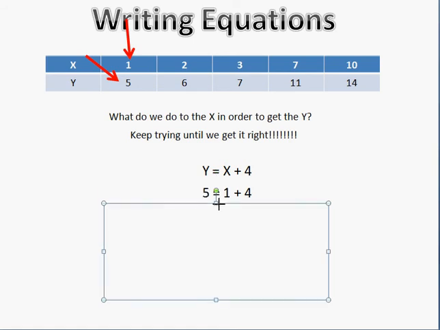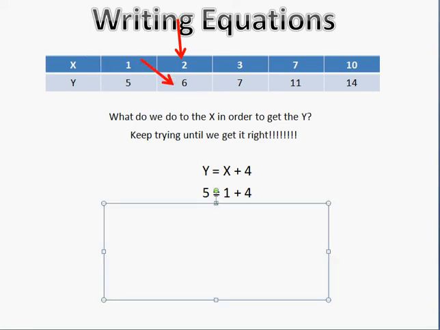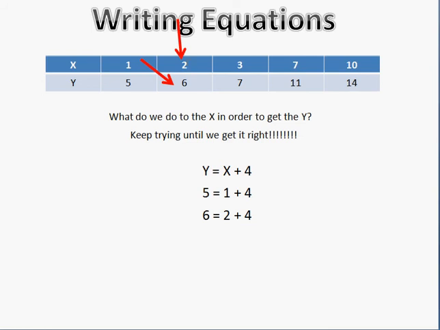It does. 1 plus 4 equals 5, so I plug my x value in right there and the answer is my y value. But now I've got to look at the next one, 2 in the x value and 6 in the y value. And guess what? 2, which is my x, plus 4 does equal 6.